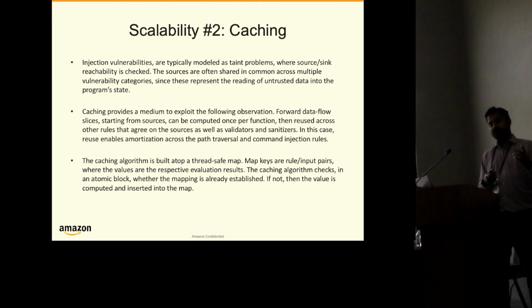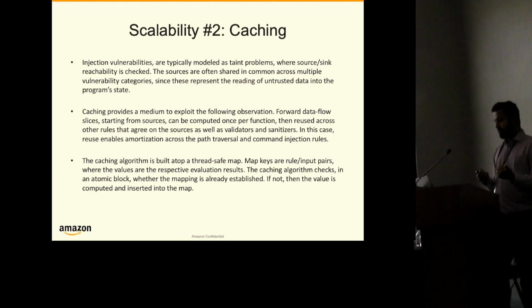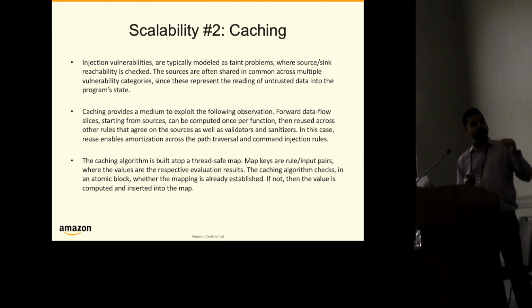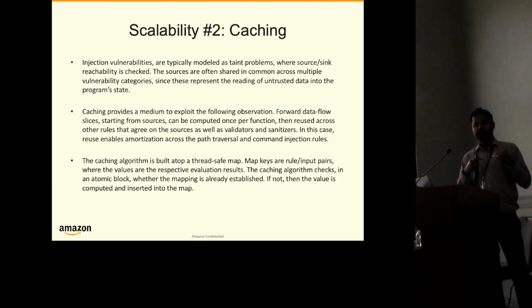And the sources are often common across these multiple vulnerability categories, as I showed in the last slide. Now, caching provides a medium to exploit this particular observation, where I showed that if one rule computes forward data flow slices starting from the sources, this can be shared across multiple rules. And the way of sharing this is that the caching algorithm underneath does the job for you.